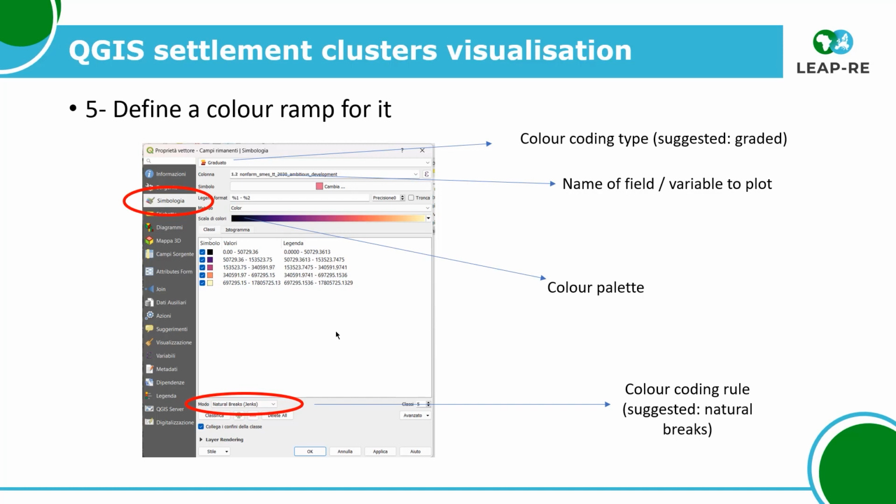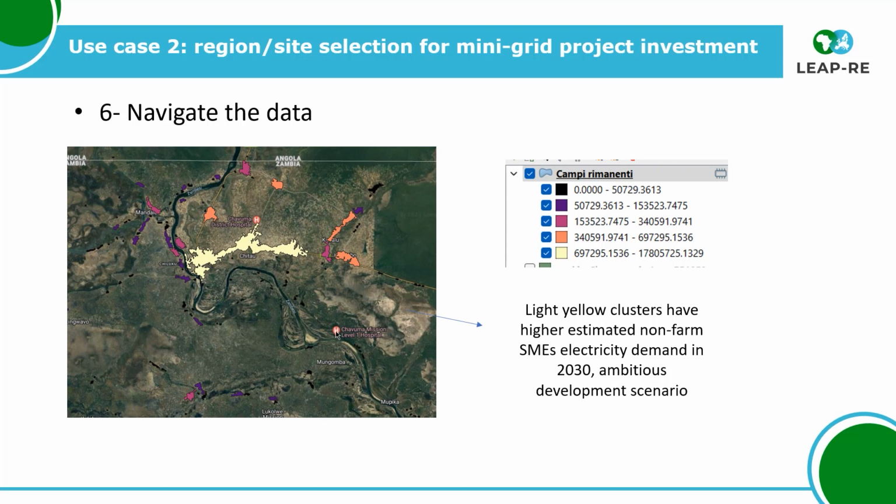And then we also have the option of selecting which color palette, which is an aesthetic choice, and the color coding rule, how colors are allocated to a range of values. And here, for effective visualization, I generally recommend the natural breaks coding rule. After all these criteria have been set, the user can click on OK and see that the QGIS window will now visualize the settlement clusters, but with colors that are mirrored in the legend, which is shown in the layers panel.